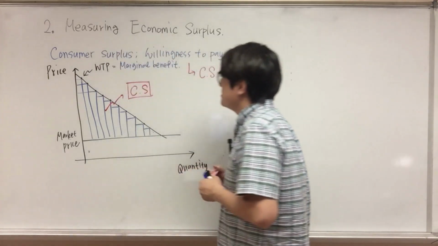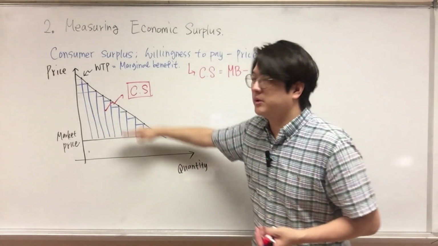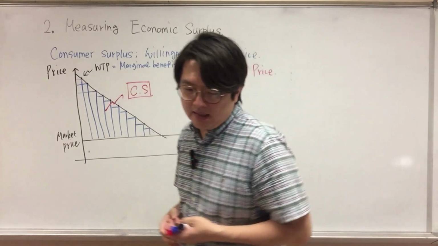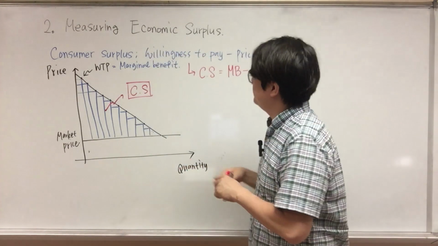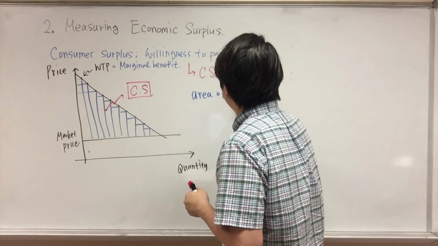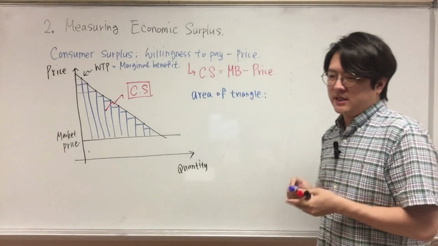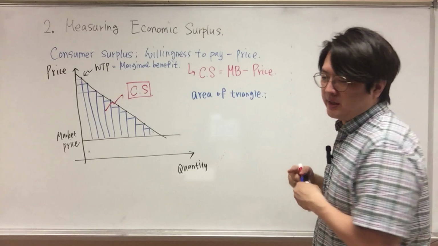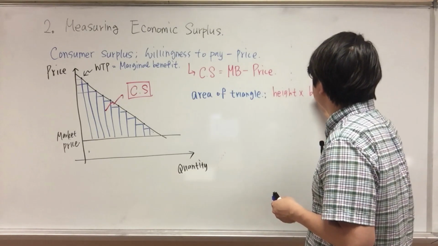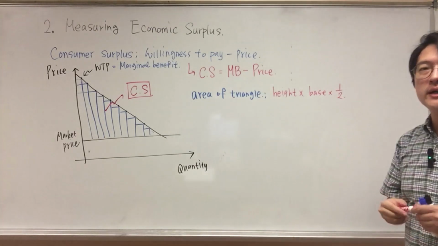The consumer surplus lies below the demand curve and above the market price. So how can you find the area of a triangle? The area of a triangle is height times base times 1/2, right?